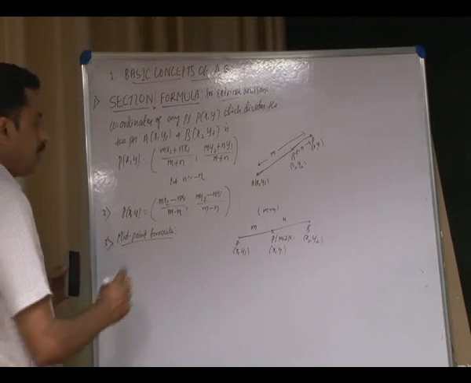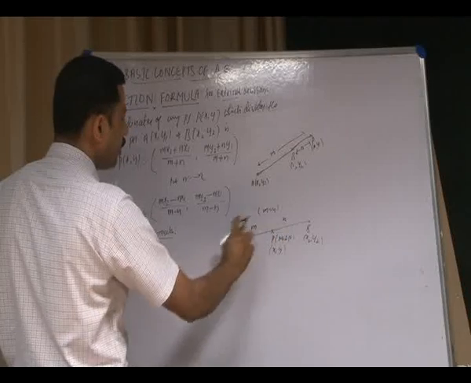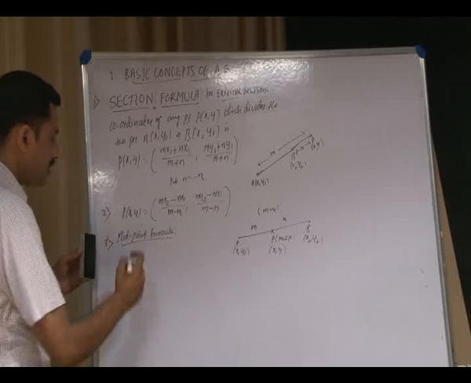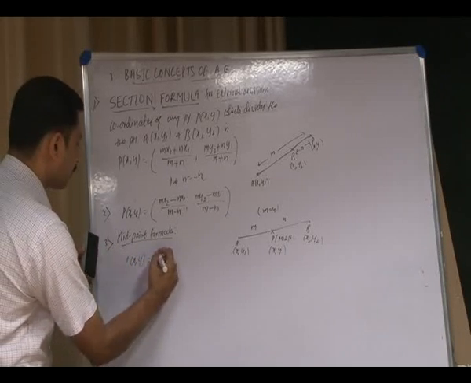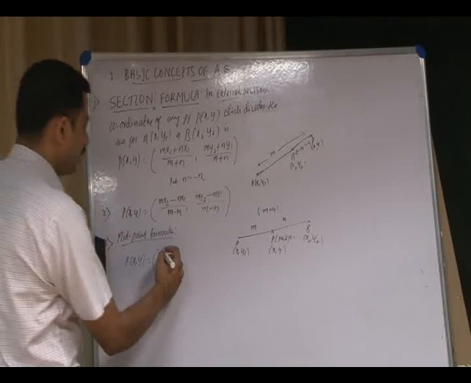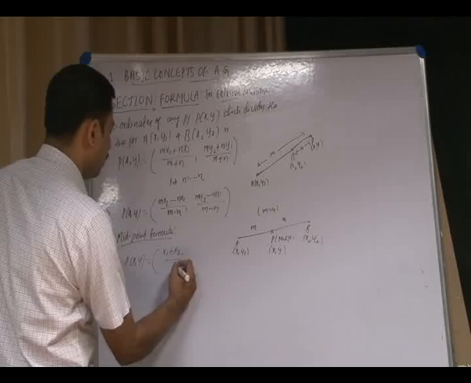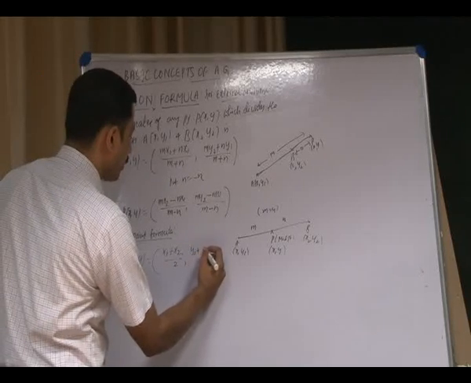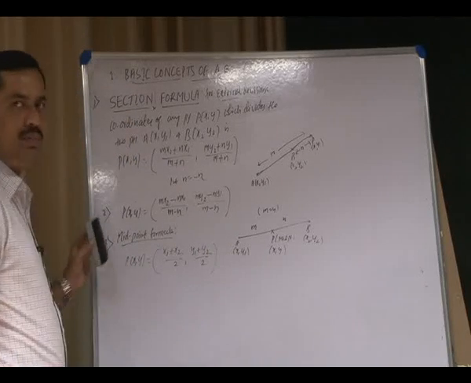The coordinates of midpoint P(x, y) of the line joining two points A(x1, y1) and B(x2, y2) is given by: the x coordinate is x1 plus x2 divided by 2 and the y coordinate is y1 plus y2 divided by 2. So, this equation is called the midpoint formula.